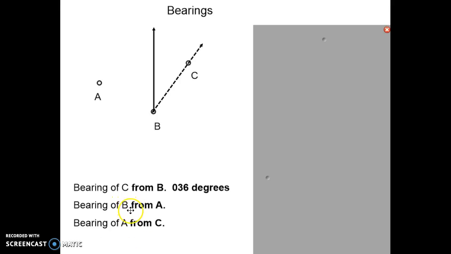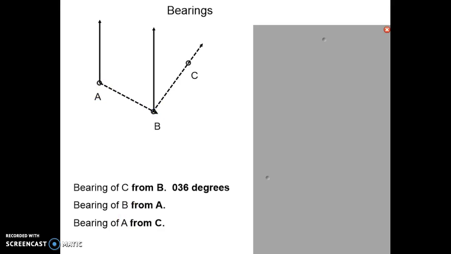The bearing of B from A. So the "from A" tells me that A is where I am. So draw a north line. B is where I'm traveling to. So link A and B with a line.